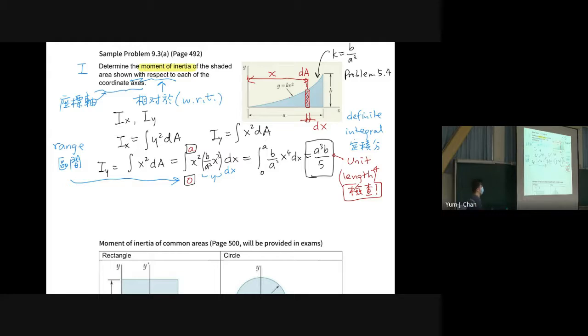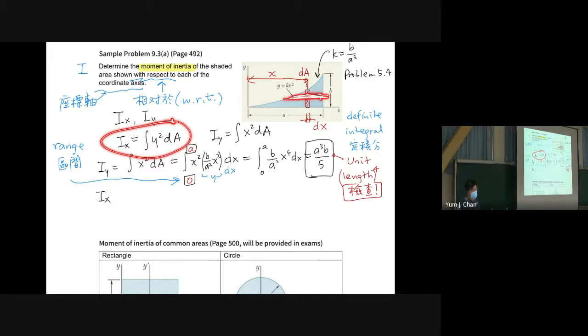Now that is for Iy. The next thing we want to do is Ix. Of course, if we go for the definition, it is equal to the integral of y squared dA, then we need to cut in this direction, but we don't want to do this.